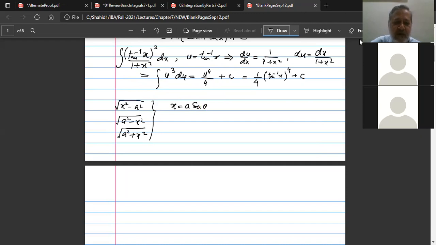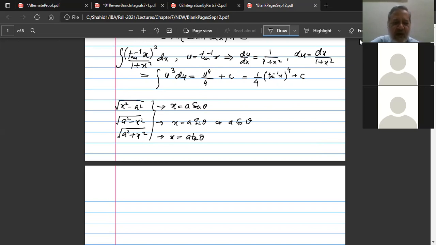In case of a square minus x square, you can use x is equal to a sin theta or a cos theta. And finally, in this form, a square plus x square, you can use substitution a tangent theta.